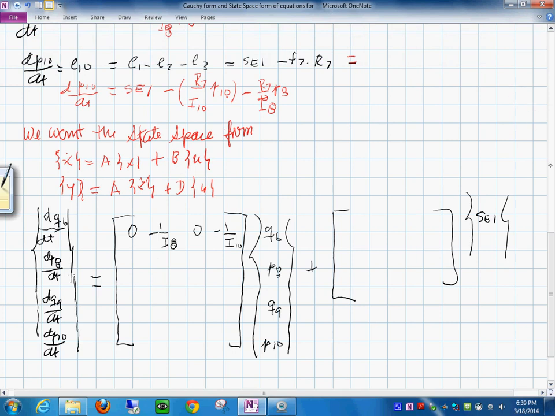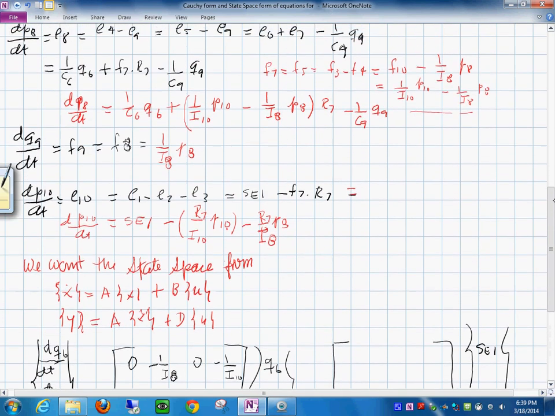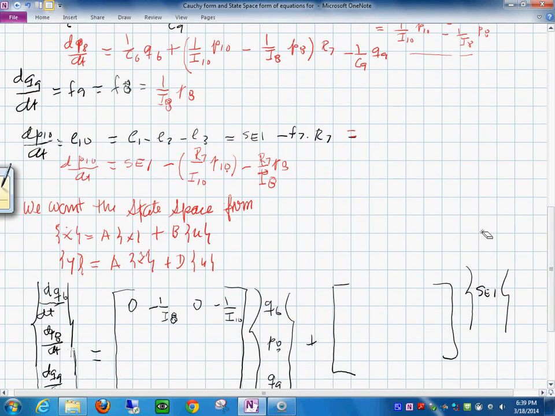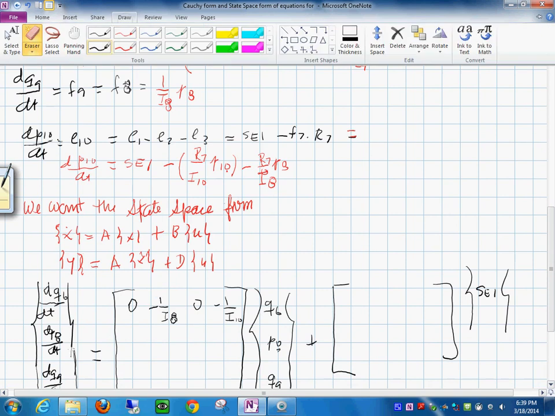So let's take a look at the second one. The second one says right there. You see here the q sub 6 is 1 over c sub 6. So we need to write that down.